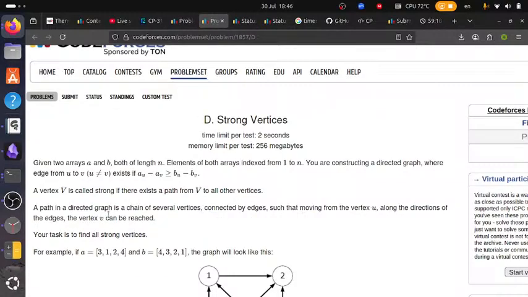So we have two arrays, and so AU minus AB is greater than or equal to PU minus PB.